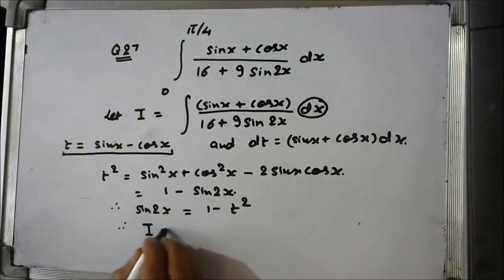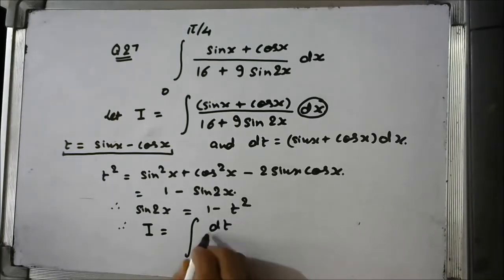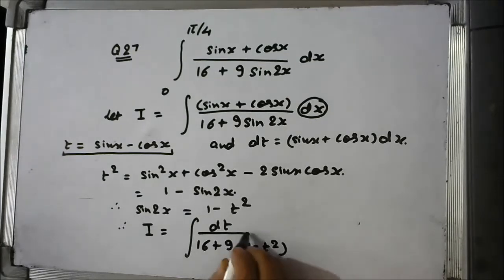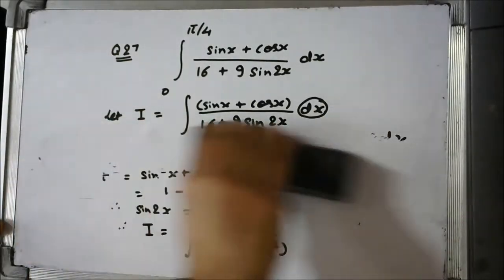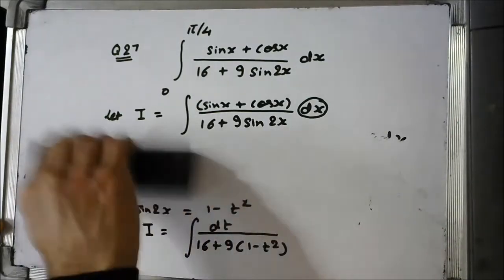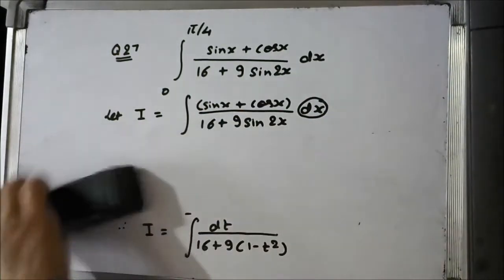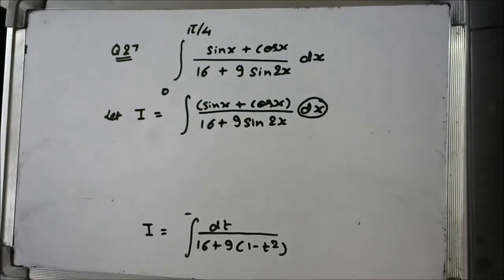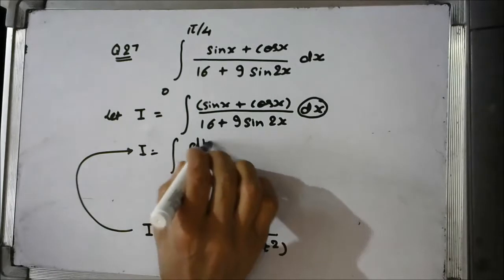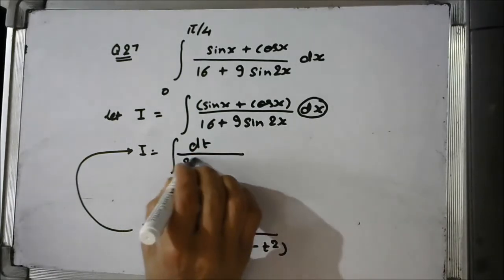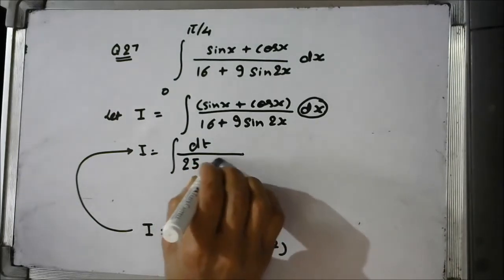So my integral transforms to this integral, 25 minus 9 t square.